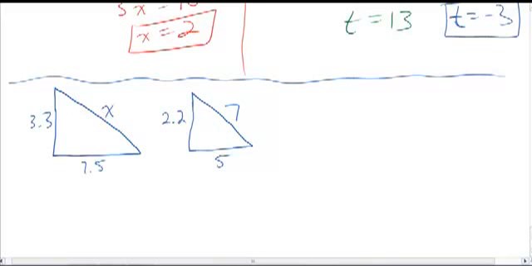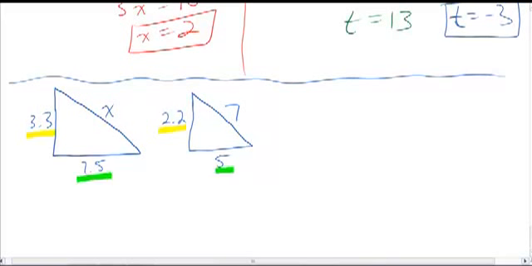Well, since I already told you these are similar triangles, you should know you can set up a proportion and solve this. So choose any two sides that you know, for instance, that match. So like for instance this 2.2 and that 3.3, those are corresponding sides. You can match those up. Or you could go with this 5 and this 7.5.